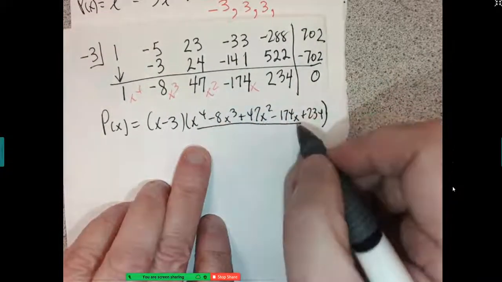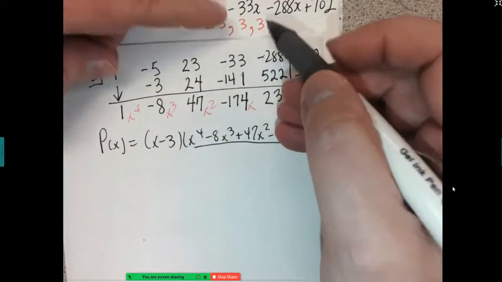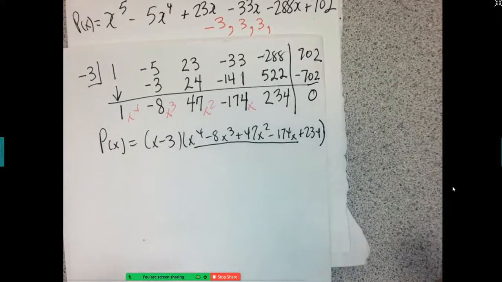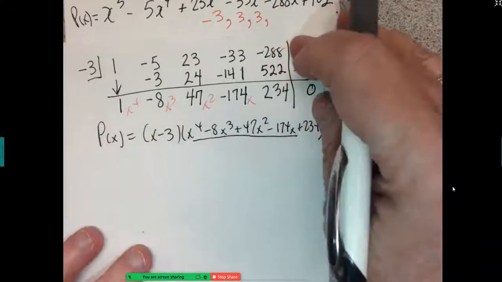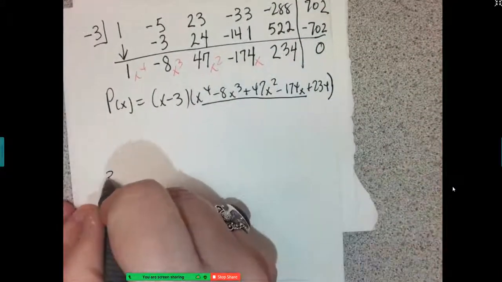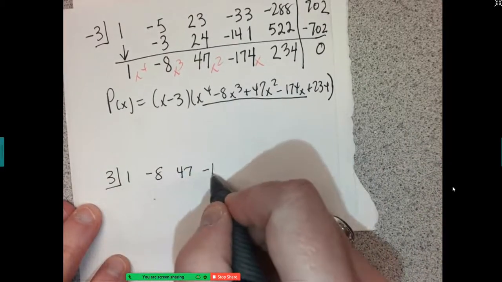Then I can break this one down because I've used up the negative 3, and I can do synthetic division twice with 3. And the goal is to get to a quadratic where you can use the quadratic formula.